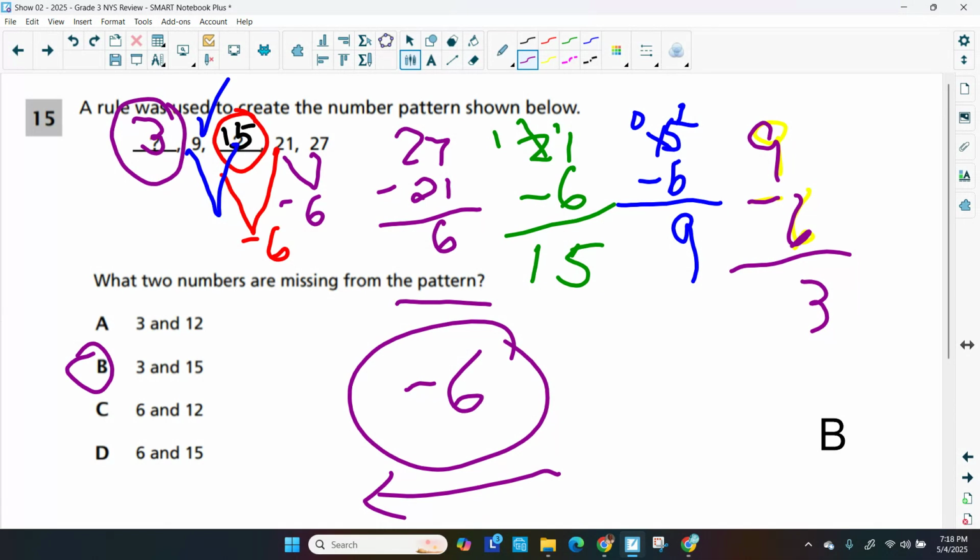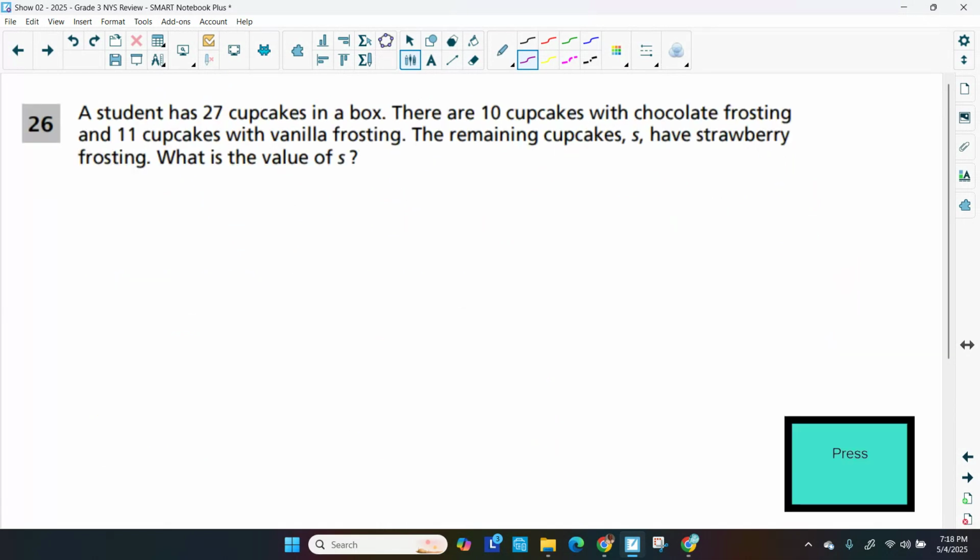All right, keep going. A set has 27 cupcakes in a box. There are 10 cupcakes with chocolate frosting and 11 cupcakes with vanilla frosting. The remaining cupcakes S have strawberry frosting. What is the value of S? Well, first, let's do 27 minus 10, which would give you 17.